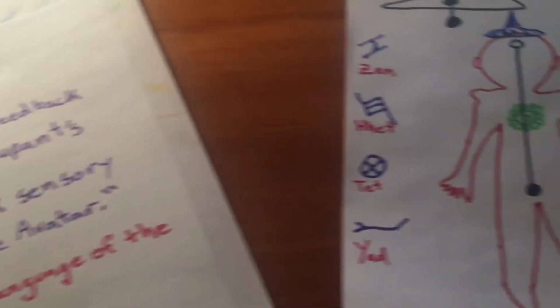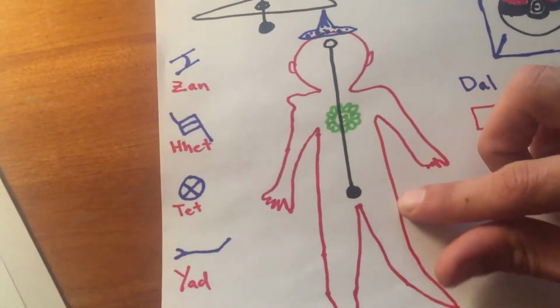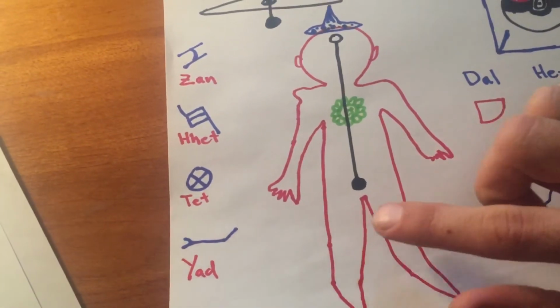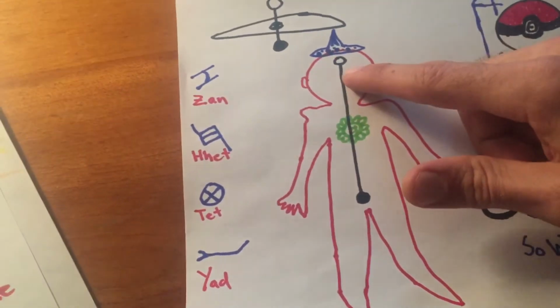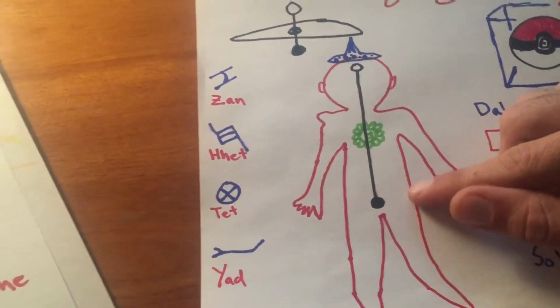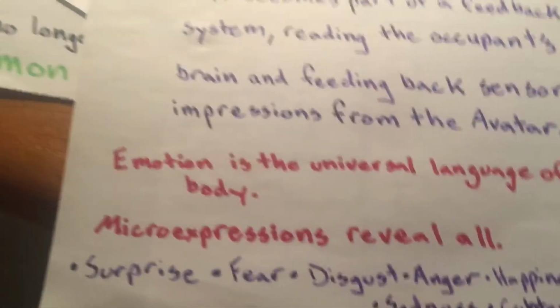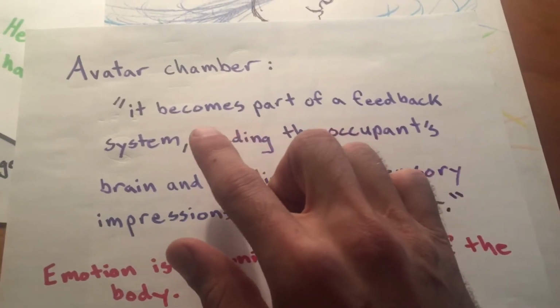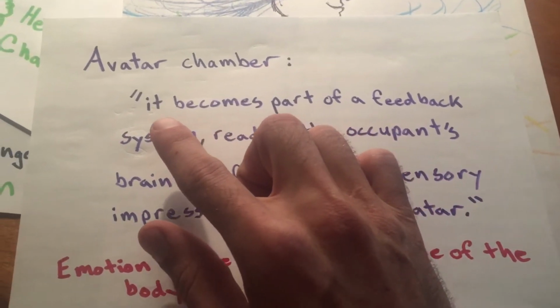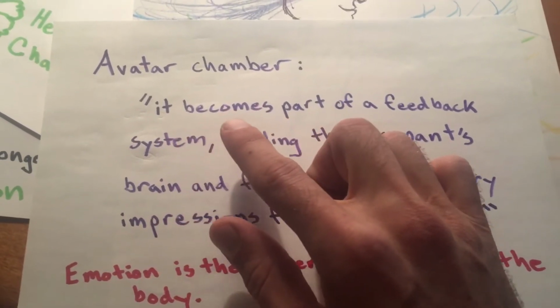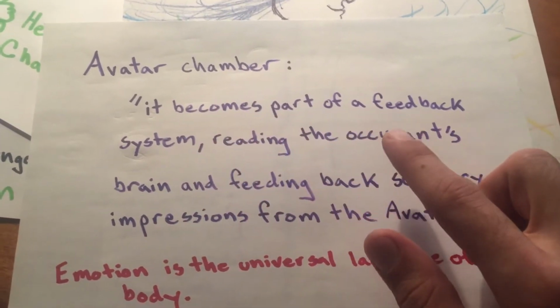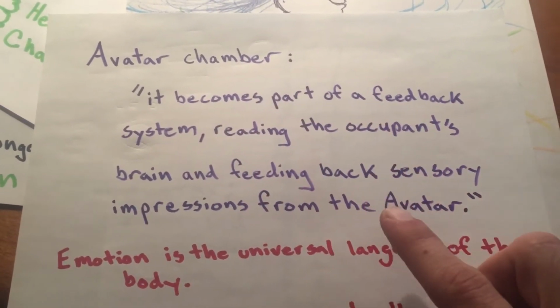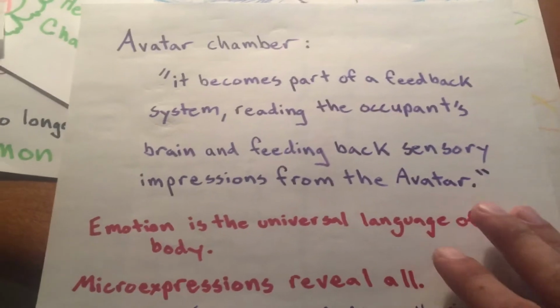I mean, you are not your body. You're controlling this as your avatar. Anyway, the avatar chamber in the movie, the Hollywood blockbuster, they say it becomes part of a feedback system, reading the occupant's brain and feeding back sensory impulses from the avatar.